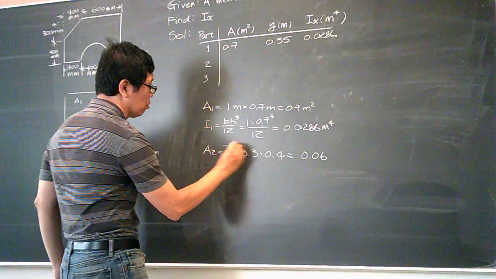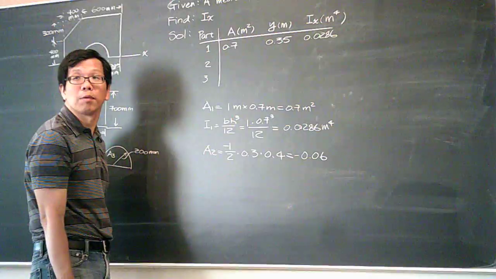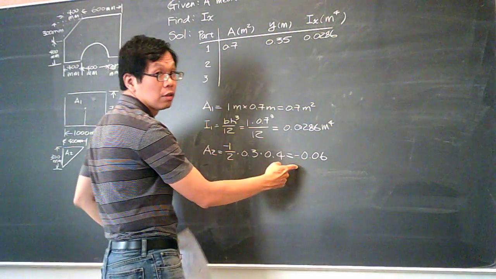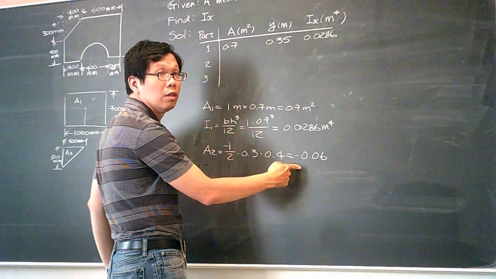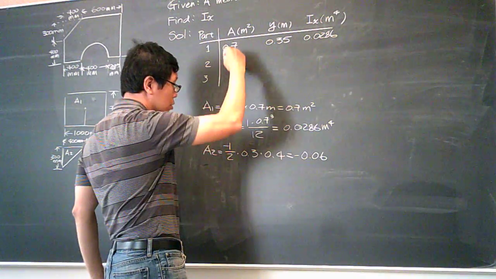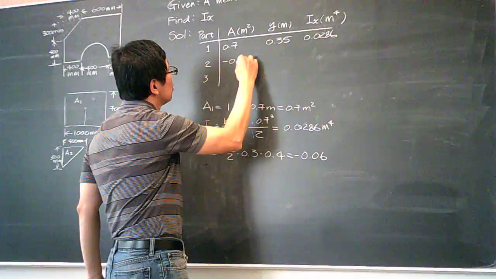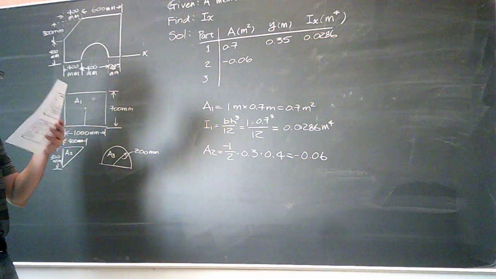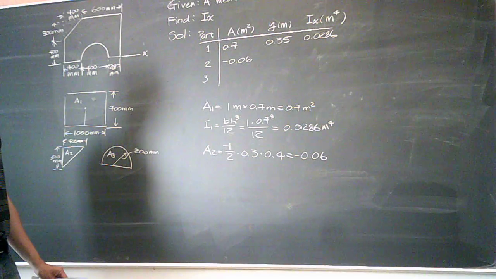Subtract part. So keep in mind when it's a cut out part, you need to add a negative sign in front of it. So we have negative 0.06 over here, and the distance over here.